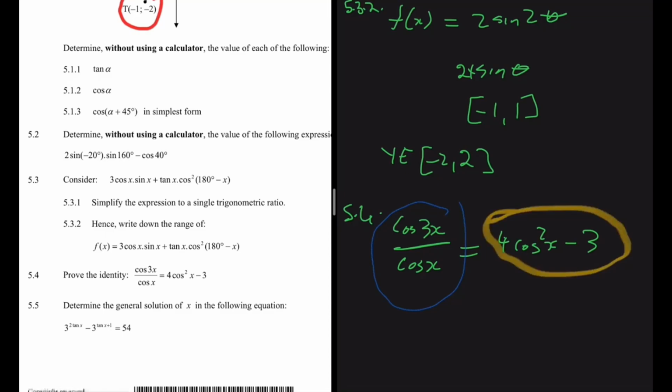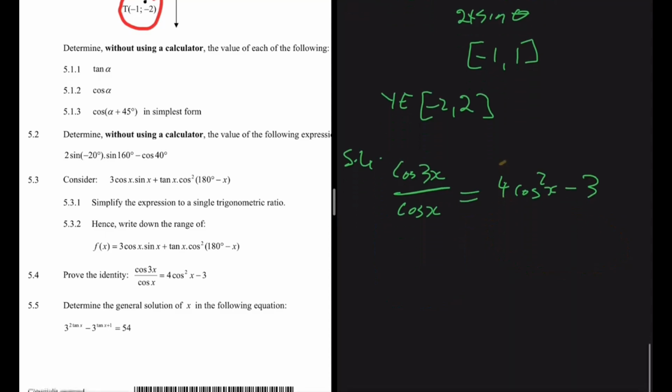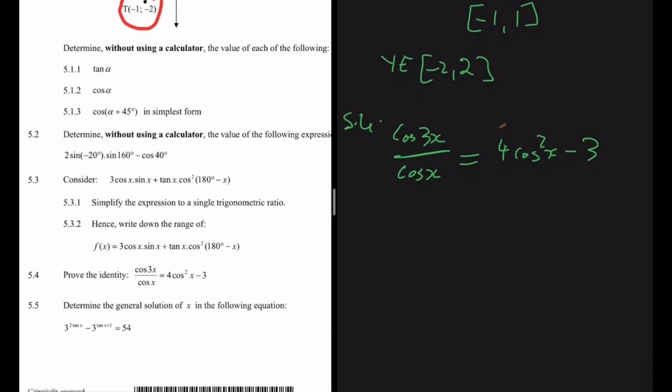So let's take the left hand side and try make it look exactly the same as the right hand side. So what is our left hand side? We have our left hand side being equals to cos of 3x divided by cos x. But there's nothing special about cos of 3x.